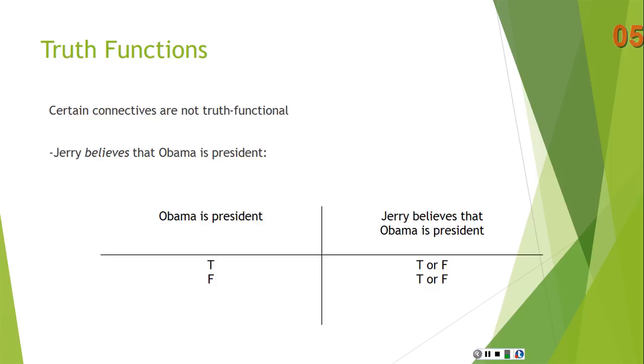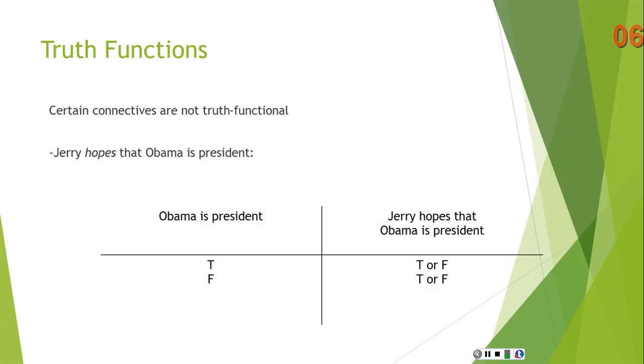And whenever the statement Obama is president is false, it's still up in the air whether or not Jerry believes that Obama is president. So simply by knowing the truth value of the statement Obama is president and the nature of the word believes, we cannot determine the truth value of the entire statement. So believes is not truth functional.